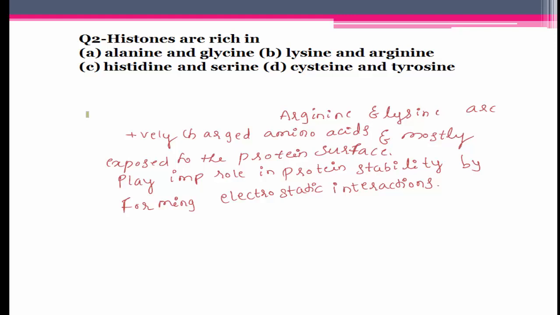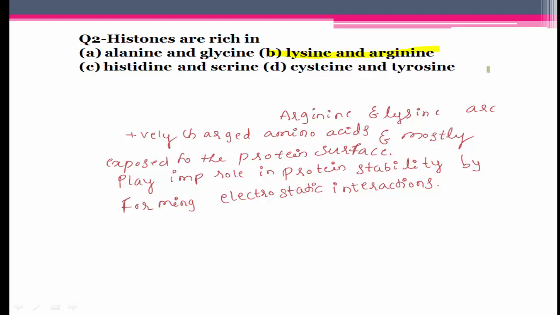The DNA molecule shows negative charge. Histone molecules have positive charge, and these histone proteins are rich in two specific amino acids. They are lysine and arginine.